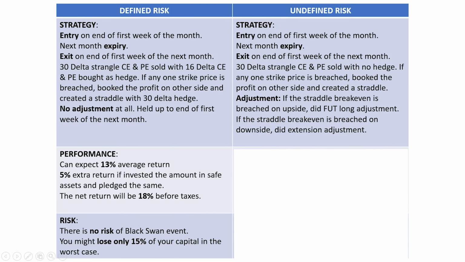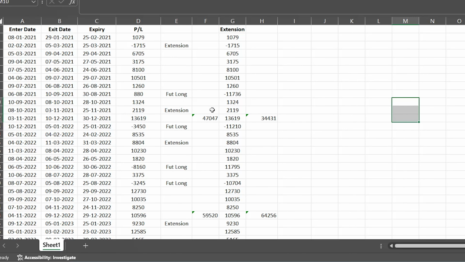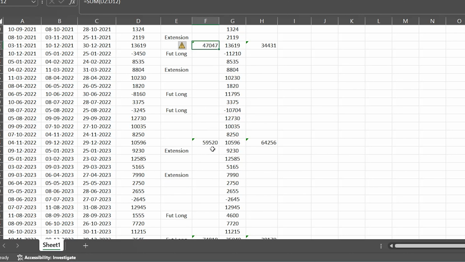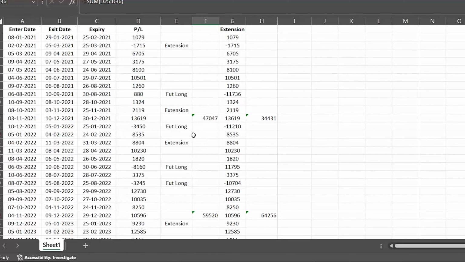Now I will show you this Excel sheet. The first year it yielded, on the same capital of 1,10,000 or 1,20,000, 47,000. Next year, 2022, 59,000, and 2023, 74,000. So you can see it yielded a pretty good profit.